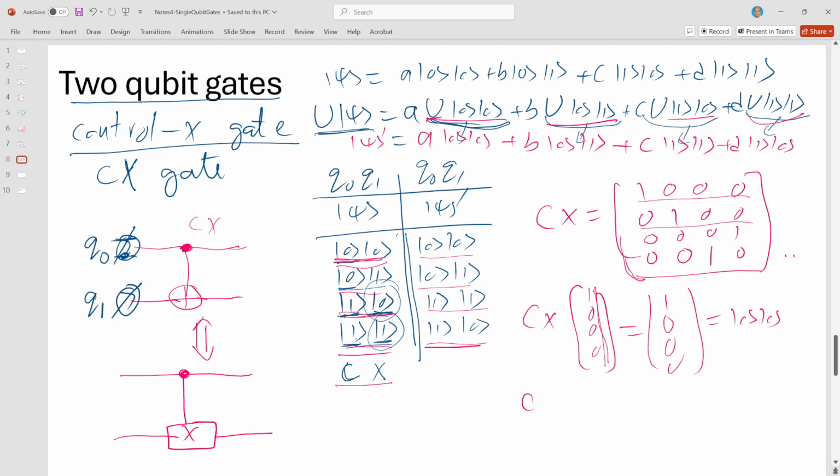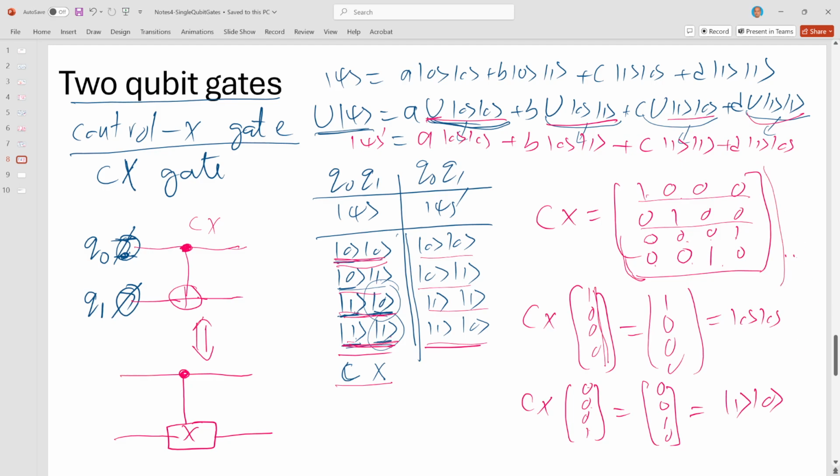So if the CX is applied to the 11 state, which is 0 0 0 1, then 1 0 0 0 with 0 0 0 1 is 0, 0 1 0 0 with this is 0, the 0 0 0 1 with 0 0 0 1 will be 1, and then 0 0 1 0 would be 0, and this is nothing but this state.